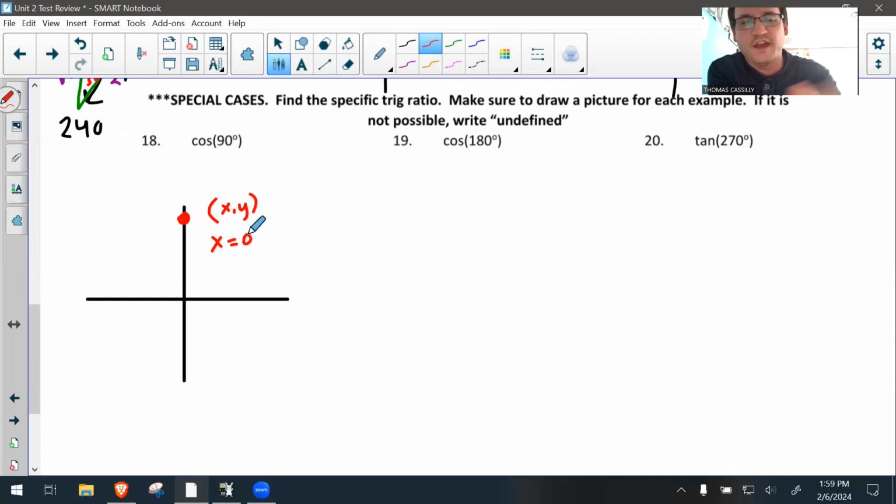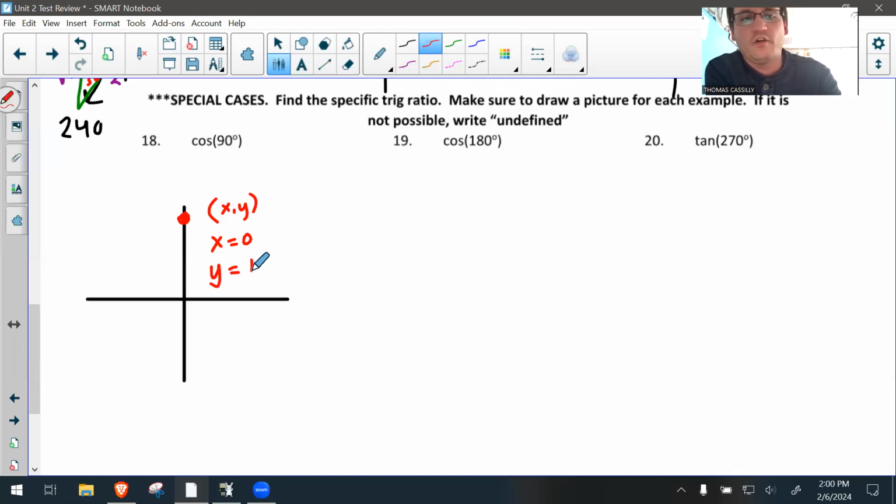Because it's not x units to the left or to the right. It's right on that y-axis here. So x is always going to be 0 in this case. Y can be any number you want, right? It's in the positive direction, so it doesn't matter. I'm just going to call it 1. So we need to figure out the radius.